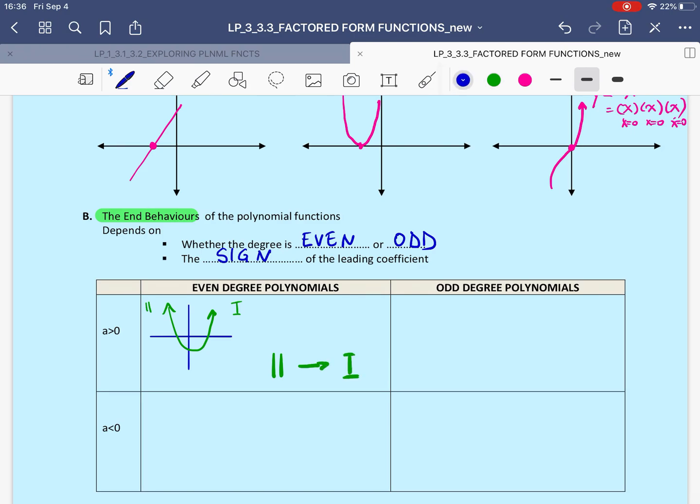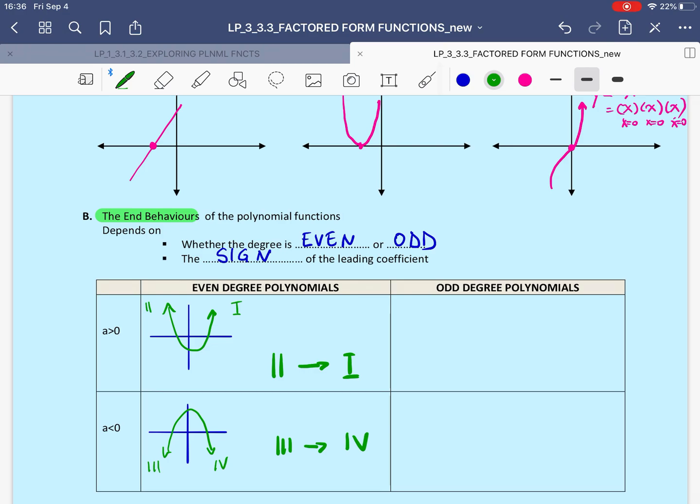From quadrant 2 to quadrant 1. If the coefficient a is negative, the function will behave like a parabola that opens down, and the end behavior will go from quadrant 3 to quadrant 4. So from quadrant 3 to quadrant 4.